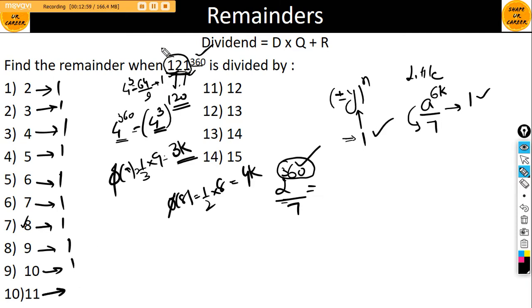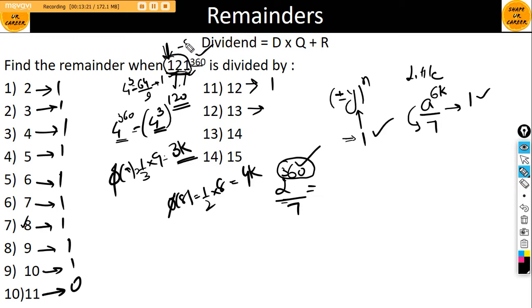In case of 11, this 121 is a multiple of 11, so remainder is 0. In case of 12, again we can see, 12 into 10 is 120, remainder is 1, whatever the power is, it is 1.